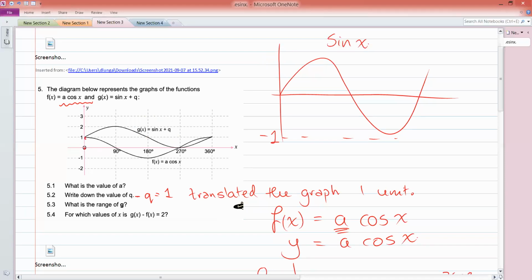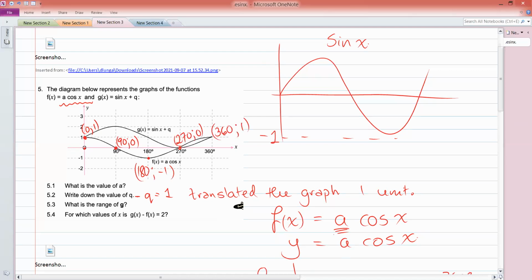When x is 0, the y value is 1. They've also given us when x is 90, the y value is 0. So we have 90 and 0, 0 and 1, 180 and -1, 270 and 0, and 360 and 1.